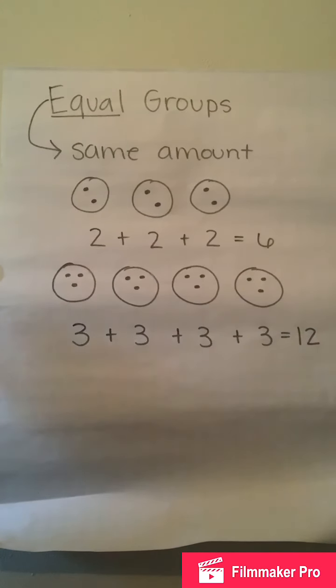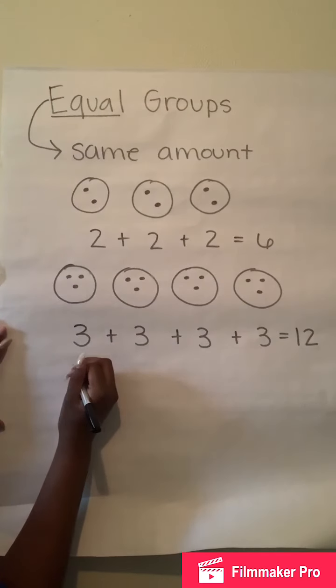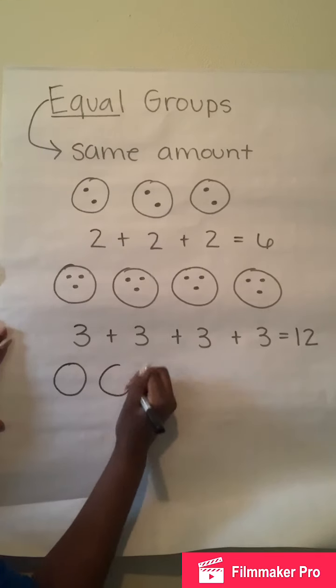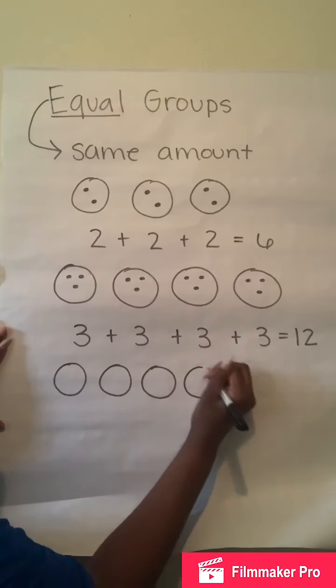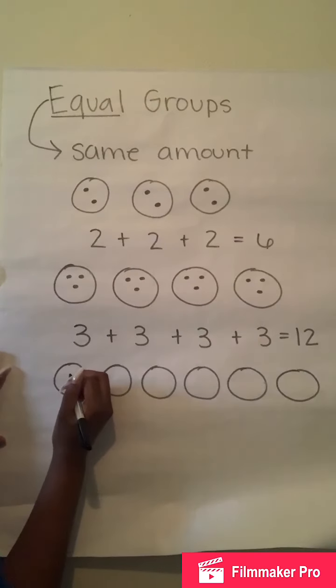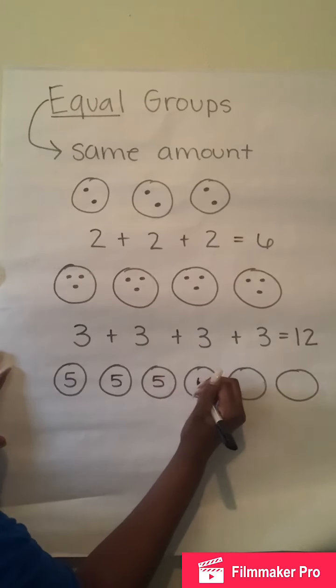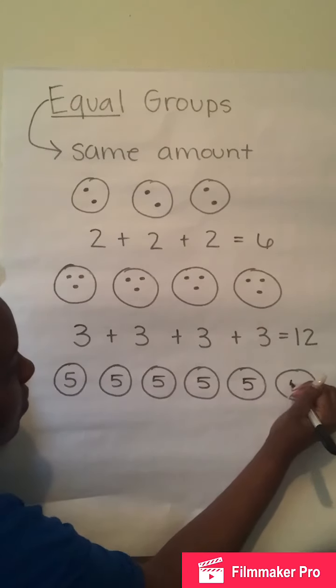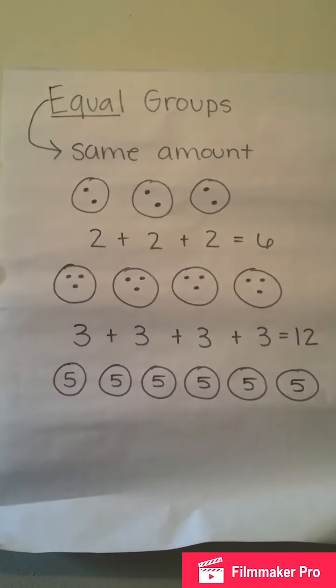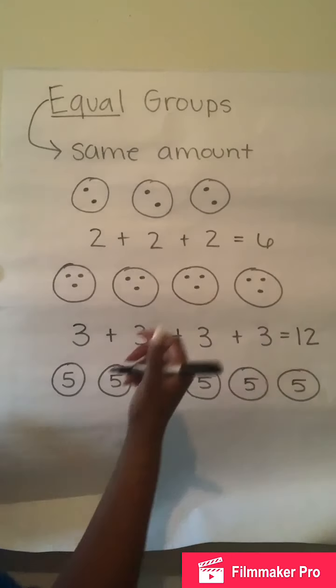All right, let's look at this one more time before we work some together. If I have 6 groups of 5, I need 6 groups. 1, 2, 3, 4, 5, 6. 5 in each group. Okay, let's count by 5s. 5, 10, 15, 20, 25, 30.